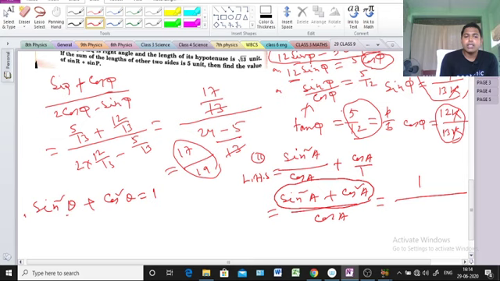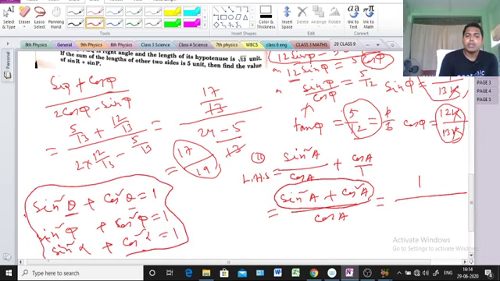We can also write phi, sin square phi plus cos square phi equal to 1, or sin square alpha plus cos square alpha equal to 1. Only the angle is changing. So the value of sin square a plus cos square a is 1.